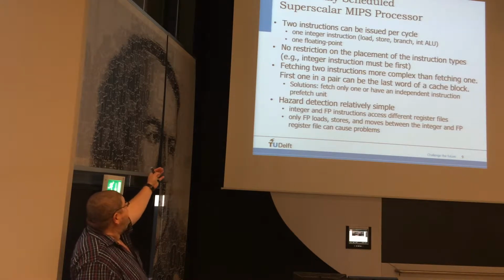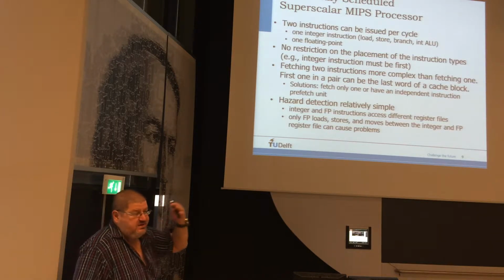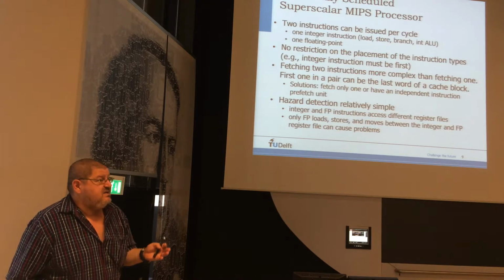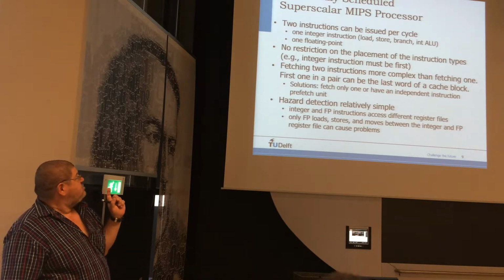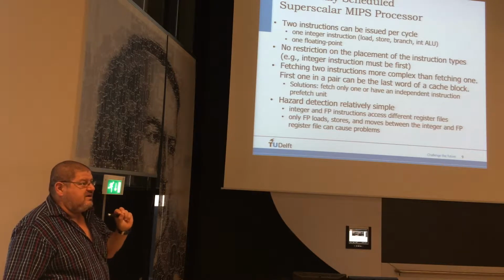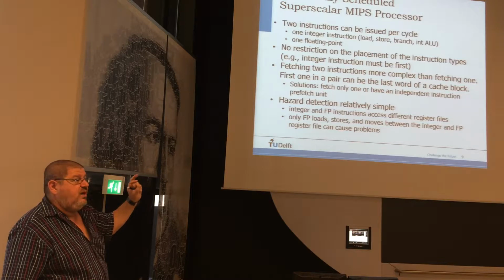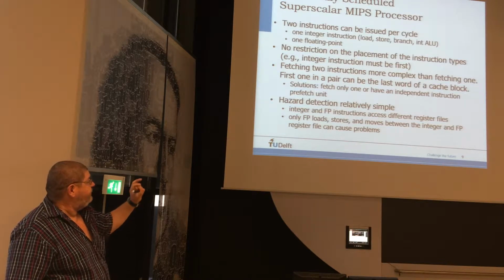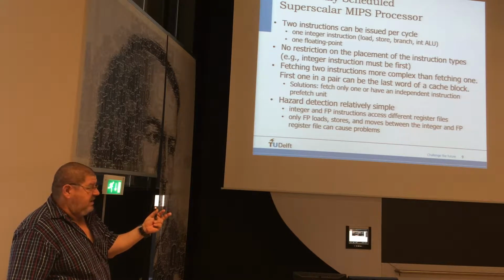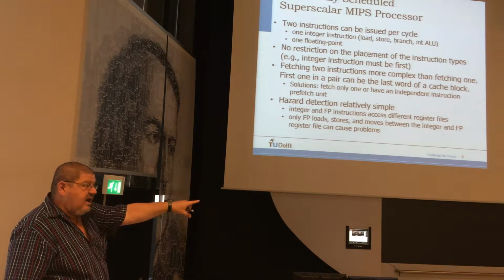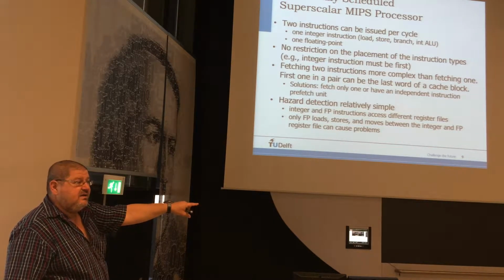This is an example machine which I can imagine, and there are machines like that. You see there are 2 instructions per cycle that I can issue, and they are clustered in groups. I can issue 1 integer and 1 floating point instruction at a time. And there is no restriction on the placement of the type of instruction, as I wrote there on the whiteboard with green ink.